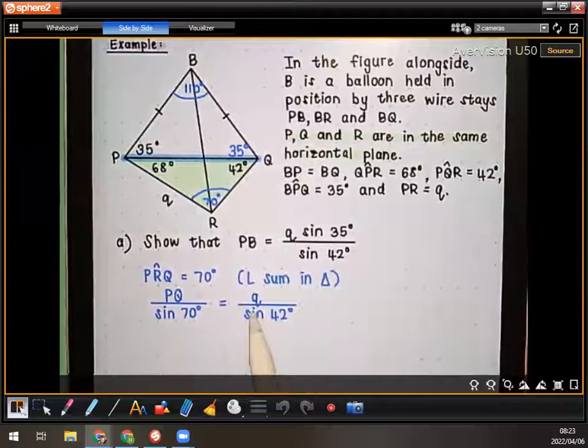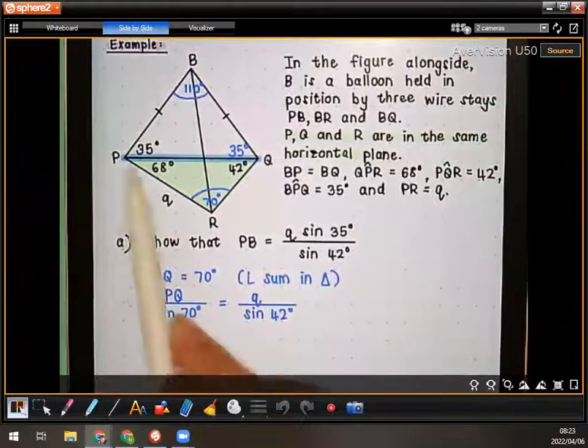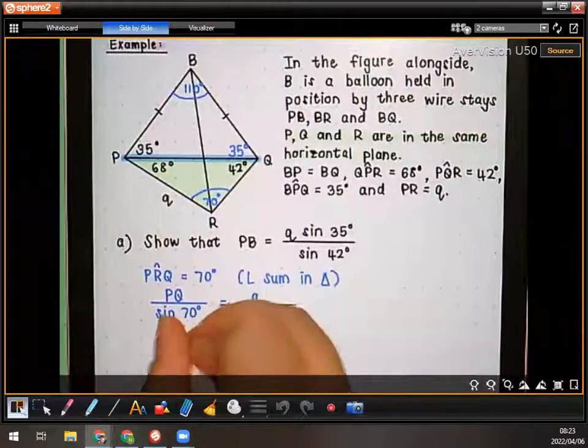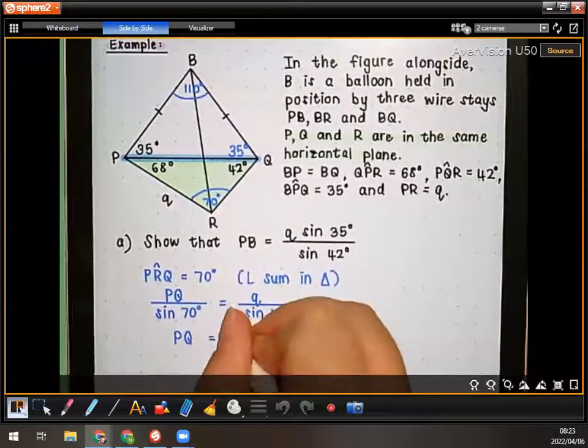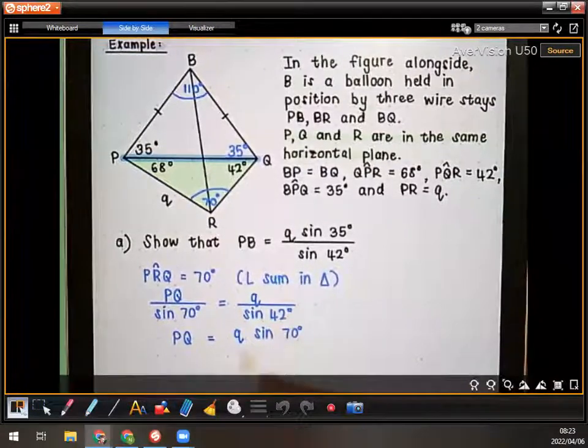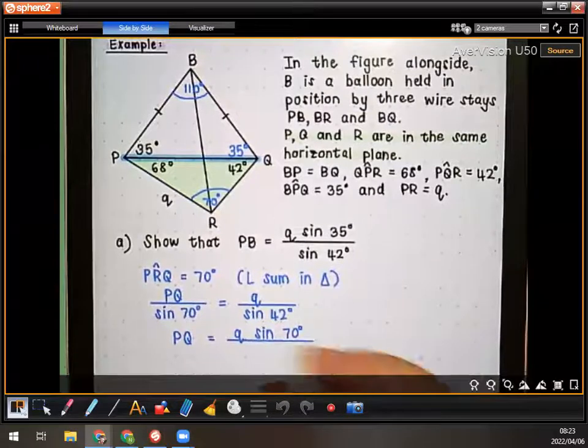All right. Now to get PQ on its own, remember the shared side, we need to multiply the other side by sine 70. So I'm going to put it at the top. Are we fine with that? I'm going to have Q sine 70. Okay, so I'm going to say PQ is equal to Q sine 70 over sine 42.